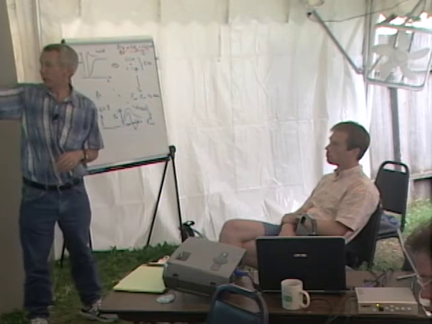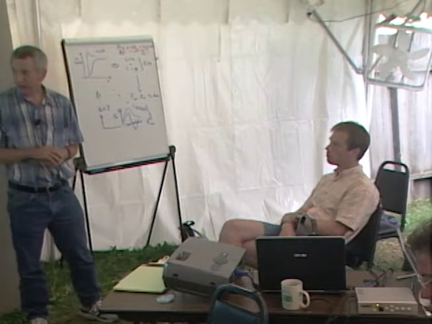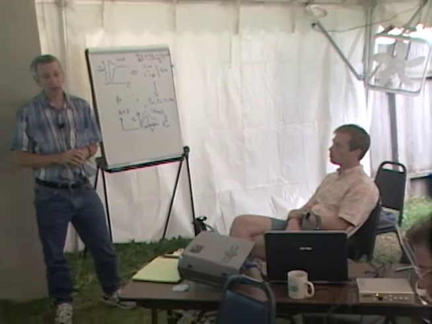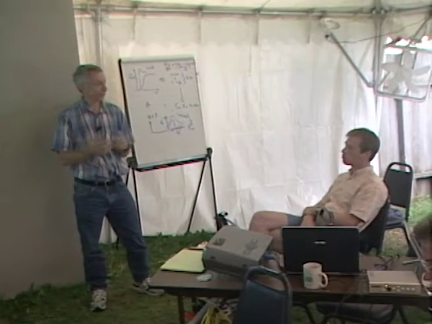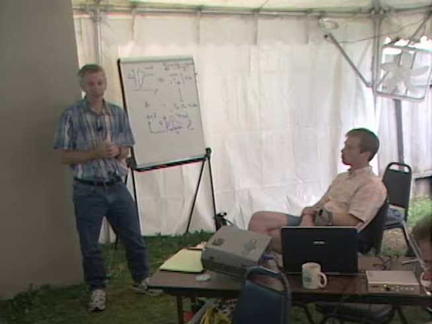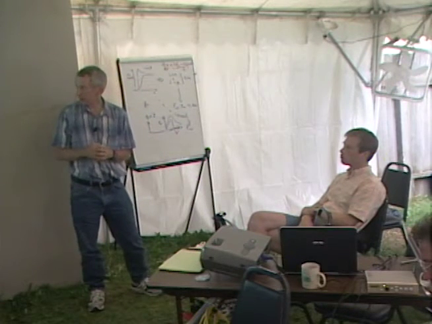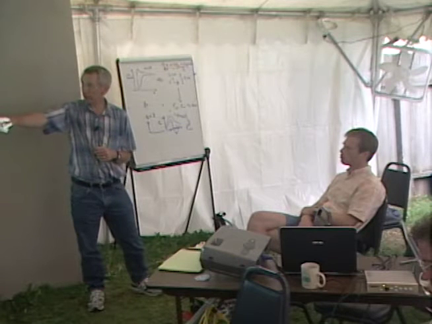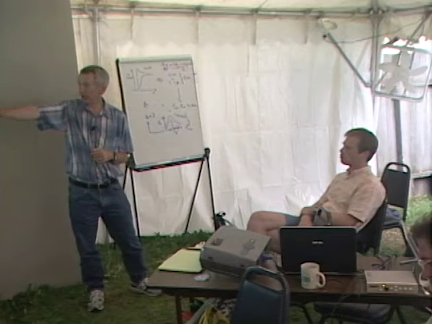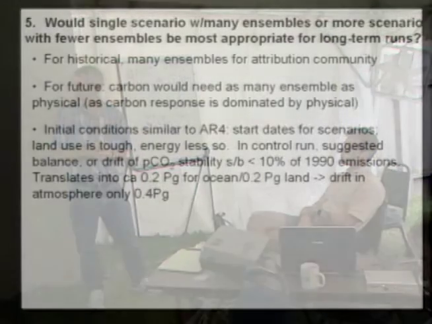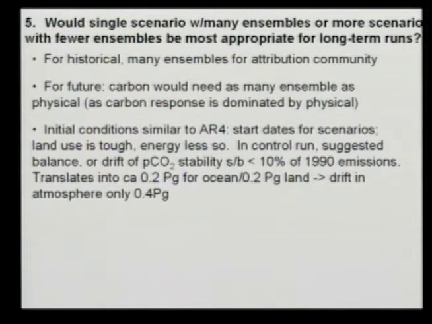And folks were coming up with values that were defined as good enough. And so one was something like 10% that your drifts in the PCO2 in that control run were 10% of the 1990 emissions. Over what period of time?